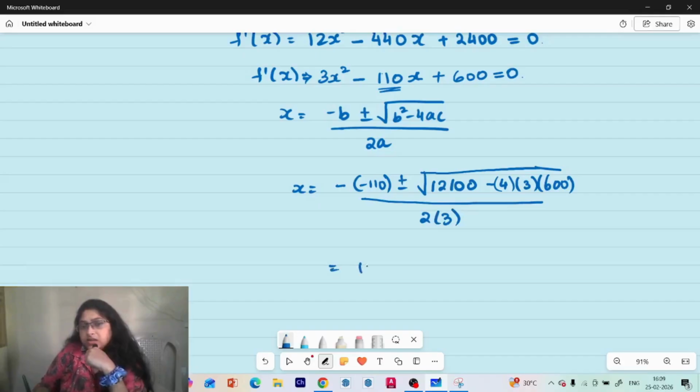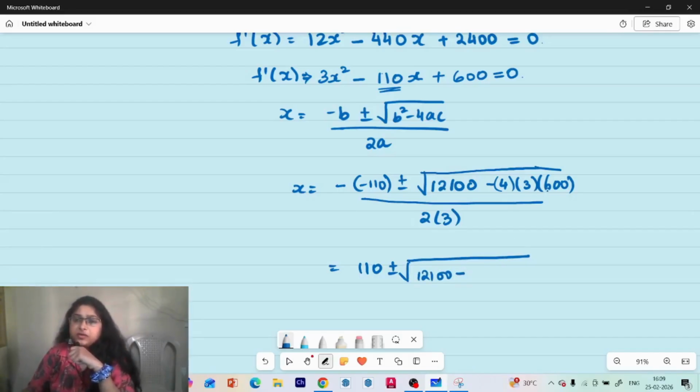Okay, let's check that out. 110 plus or minus under root 12100 minus 4 into a into c: 4 sixes are 24, 24 threes are 72, so 7200. Now 12100 minus 7200 is 4900.